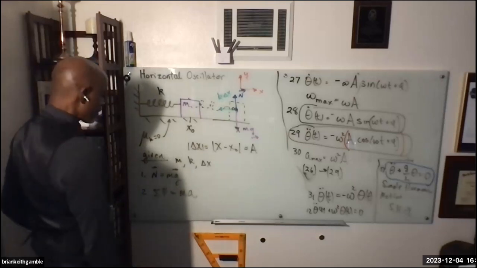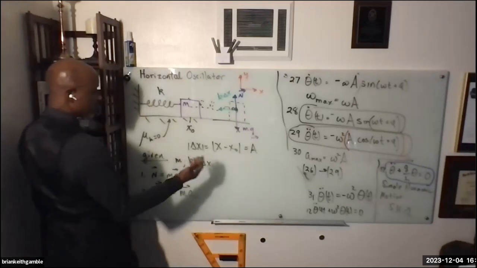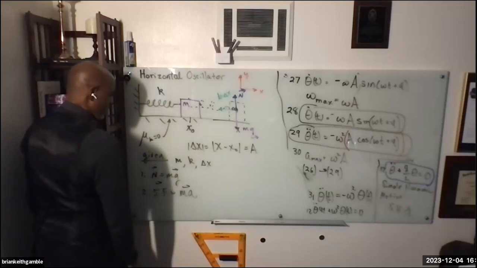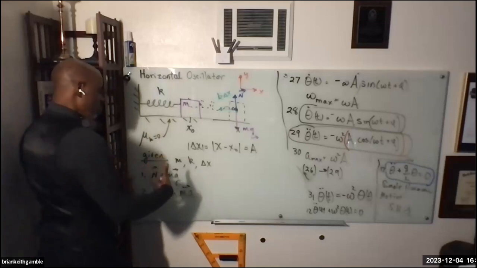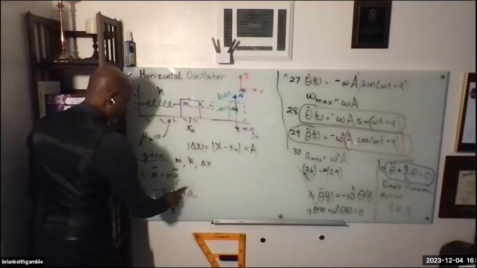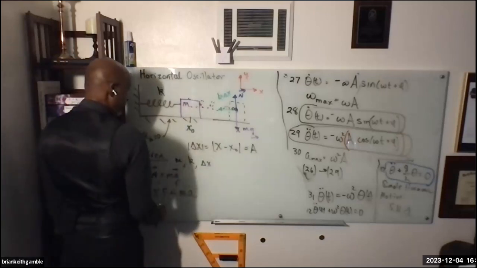A lot of times books will start with this as vectors and say the force is negative kx. That's a bit deceiving, and that's why I don't teach it that way, because it doesn't really fully explain the negative sign. The way I'm doing it is the way I did before: I'm just dealing with magnitudes here. So the magnitude of the force on that object is kx.